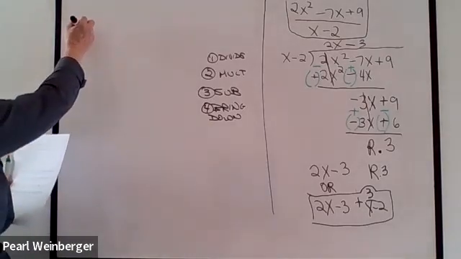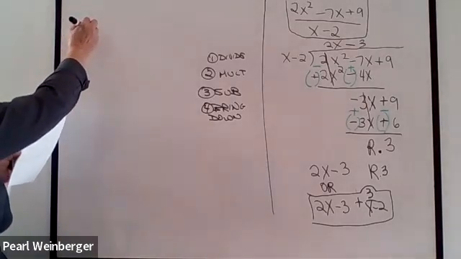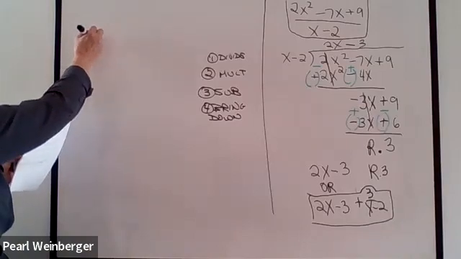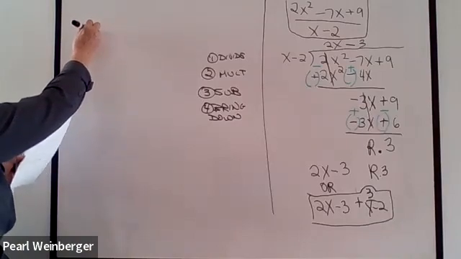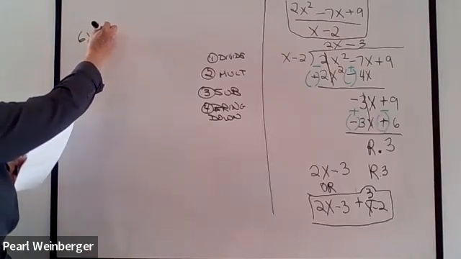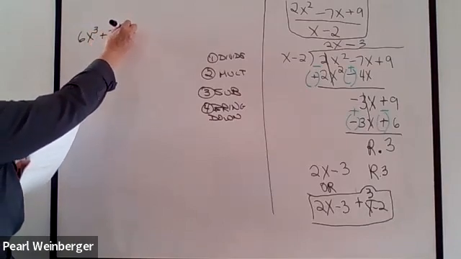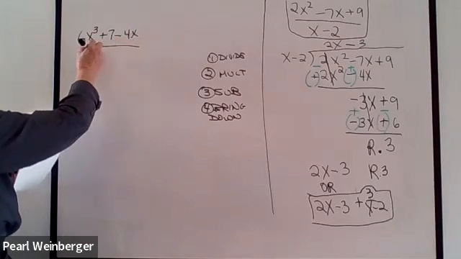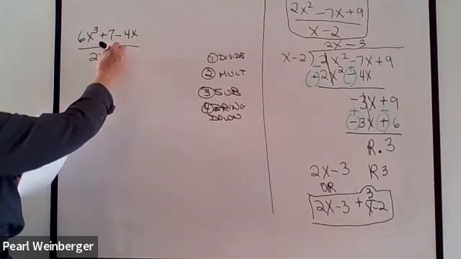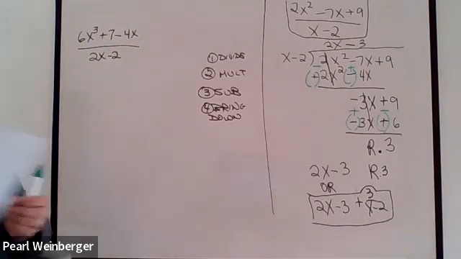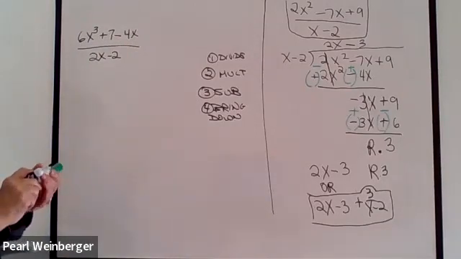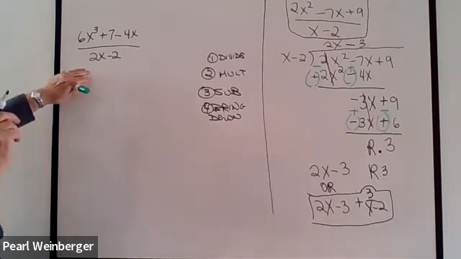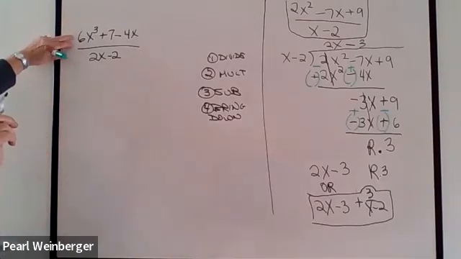We have, again, it's divide, and it says divide 6x to the third plus 7 minus 4x over, divided by 2x minus 2. Okay, so the first thing is, I noticed that this is a polynomial.